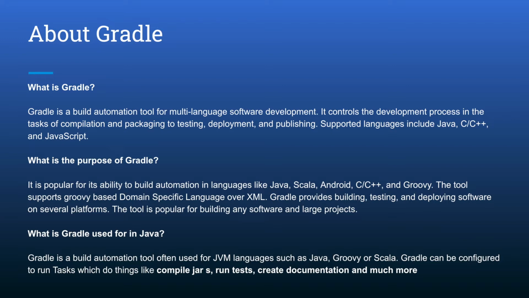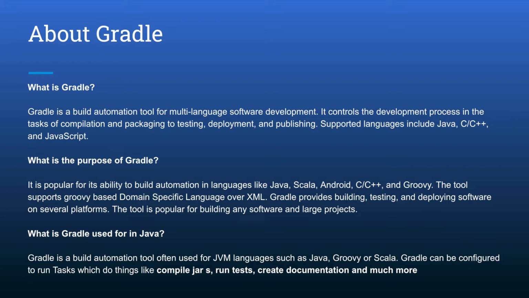And what is the purpose of the tool? The purpose is the ability to automate builds for languages like Java, Scala, Android, C++, and Groovy. The tool supports Groovy-based domain specific languages over XML. Basically, in Maven we have an XML format where we add the dependencies. All the dependencies you can find from the Maven repository website, where you can find the Gradle dependencies as well.